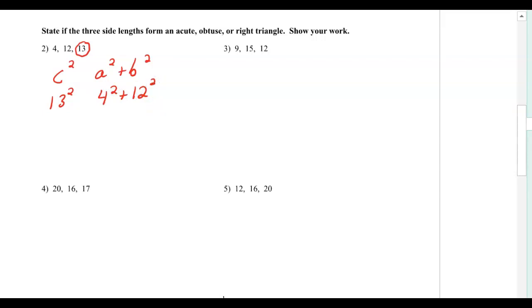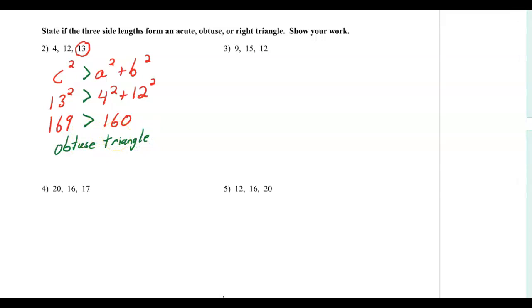I'm going to use my calculator. 13 squared is 169. 4 squared plus 12 squared on my calculator is 160. 169 is greater than 160, so this is an obtuse triangle using our class notes.